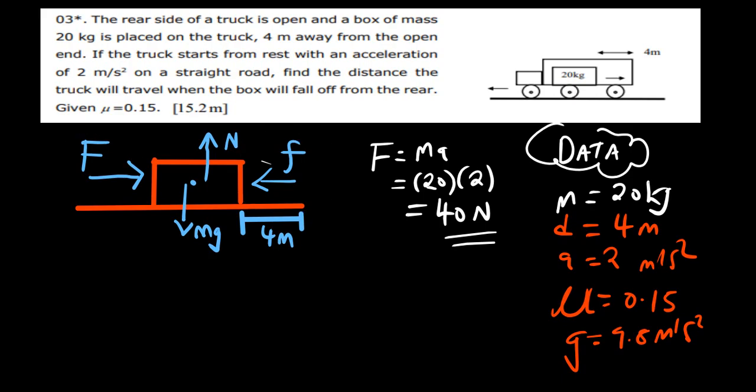Let's take this side to be positive. If you're going this side it is positive, but when you're coming the other side, it is negative. The friction is going this side, so let me say it is negative, then this other one is positive.